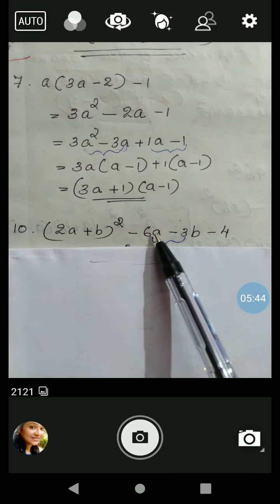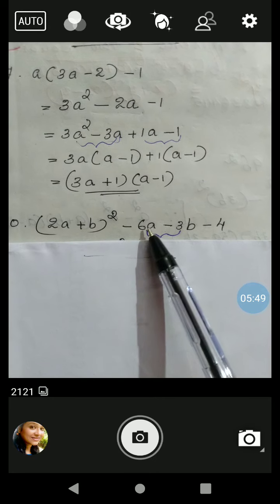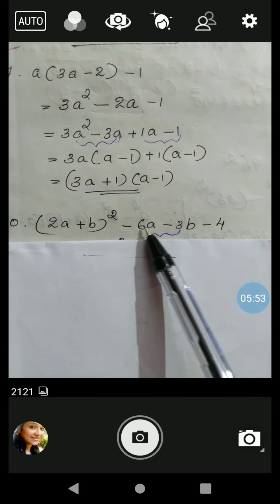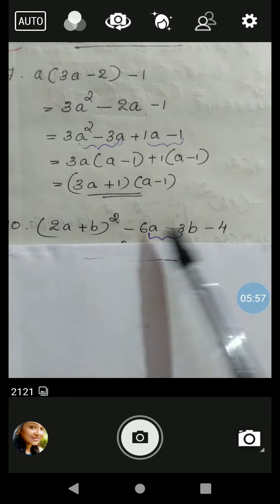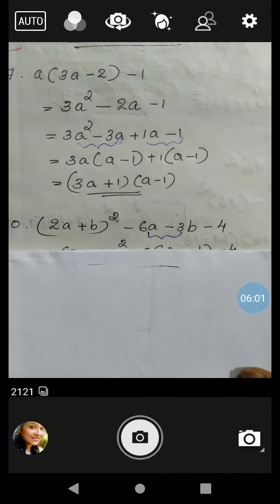You just take a common factor from these two terms. You can see minus 3 is common. When you take minus 3 from these two terms, the remaining is 2a plus b. You can see that. Look here.